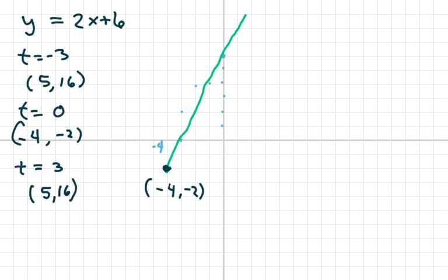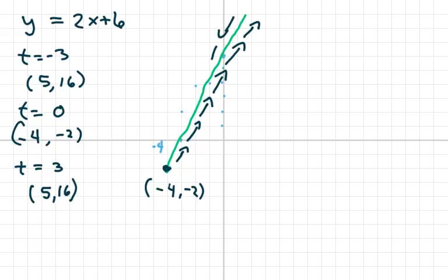So basically, as t increases from negative infinity to 0, the point x, y slants downwards. So basically, we're going down this way. From 0 to infinity, it would go this way. But negative infinity to 0, it goes this way.